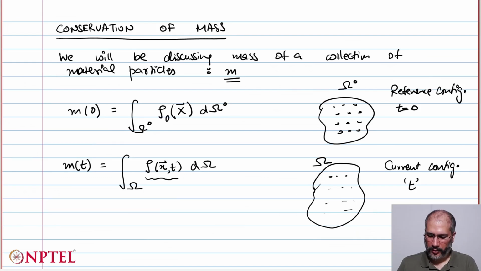So this rho as a function of small x and t is the Eulerian description. If we specify some spatial point inside the current configuration, this function will give us the density of the particle sitting at that point in space at the time t at which we are considering the configuration.